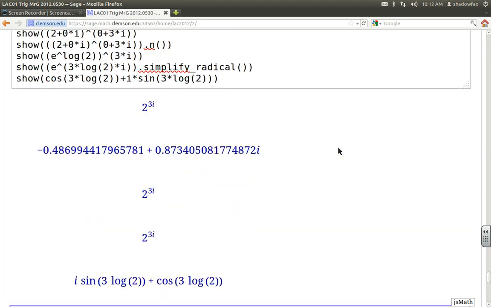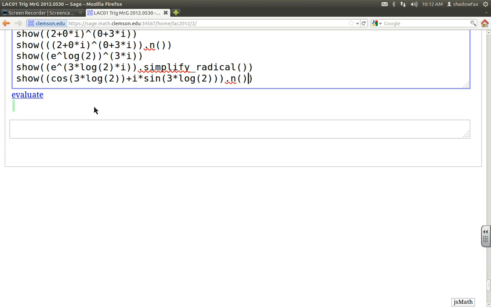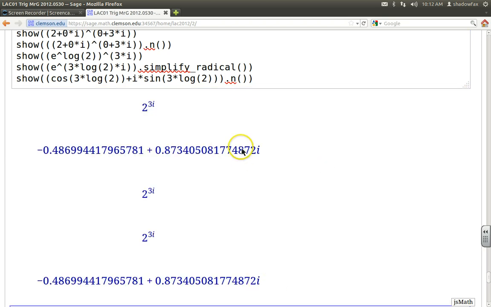Well, let's simplify that. Or how about we make it numerical? Numberify that. And you get the exact same decimals that you had before. So that's how you do complex powers. Interesting. All right, we'll leave it at that.